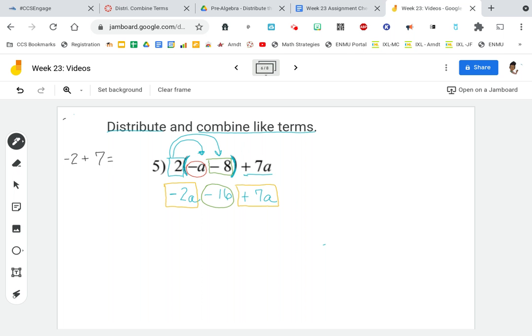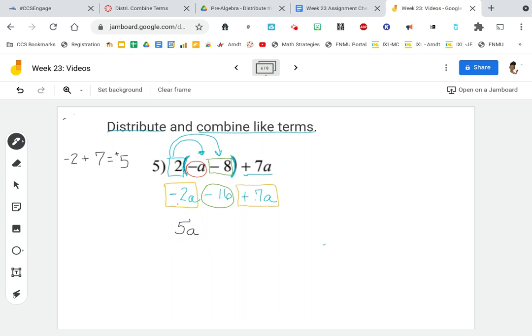So 7 minus 2 is 5, and because that 7 is positive, my answer is positive as well. Therefore, negative 2a combined with positive 7a gives me a positive 5a.